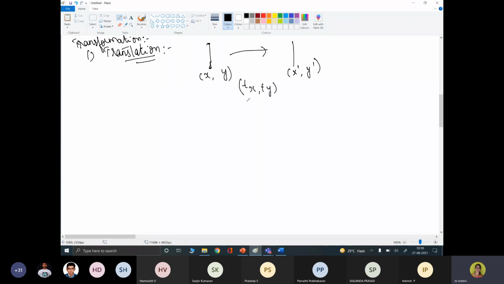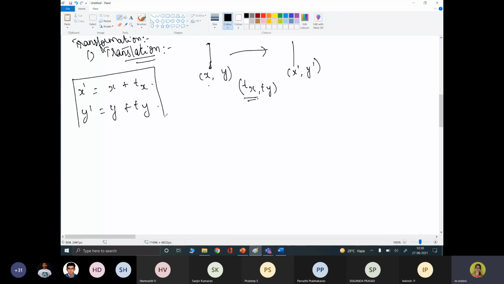You add the translation factor to the existing pixel position to get the new pixel. So x dash, the new coordinate position, equals the old coordinate position plus the translation factor with respect to x, and similarly with respect to y.